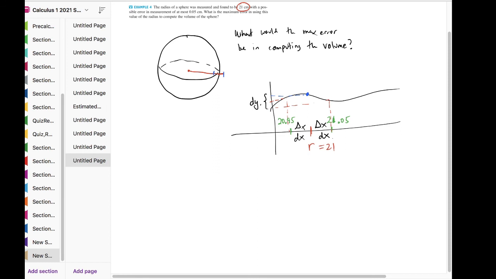Okay, so what we need to do is calculate dV for V, the volume, where dr is our change in radius. I should not use y, because now we're doing something different.